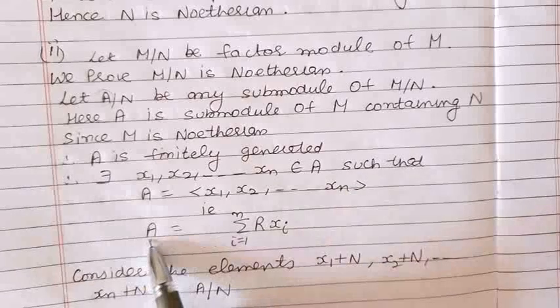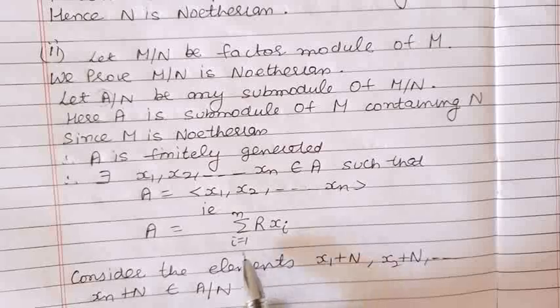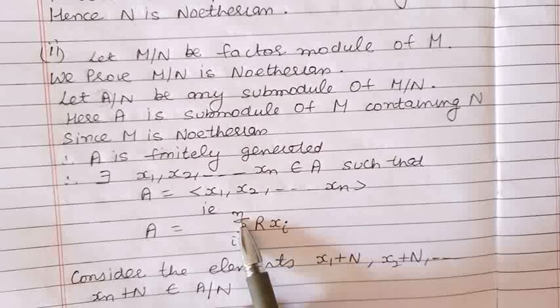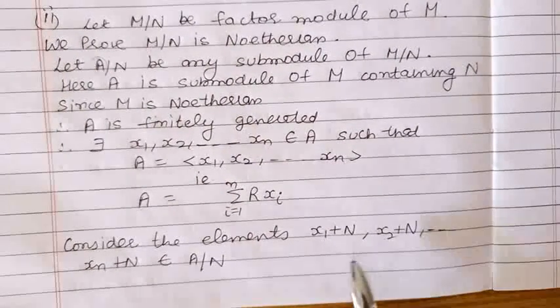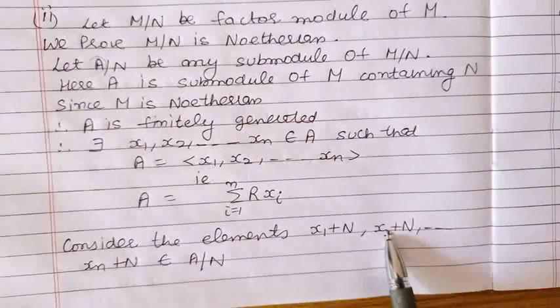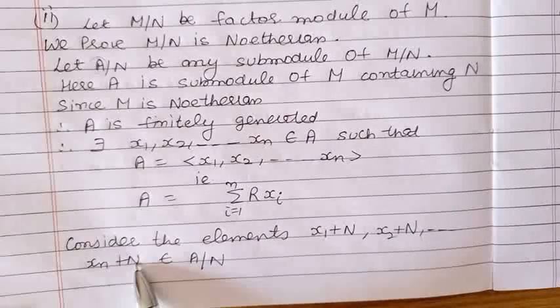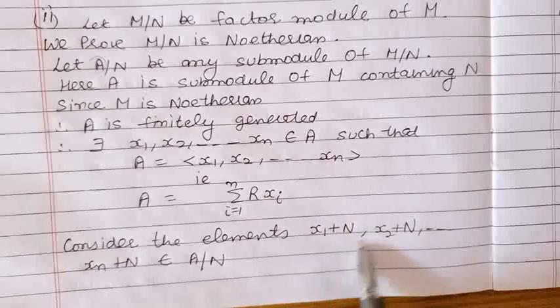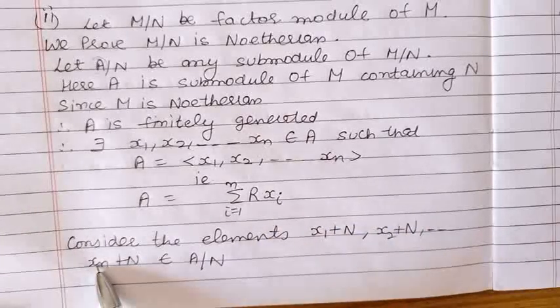So we can write A equals summation Rxi, where i varies from 1 to n. Now let us consider the elements x1 plus N, x2 plus N, x3 plus N and so on up to xn plus N. Now these elements are of the coset types. Here x1, x2, x3 up to xn belong to A.